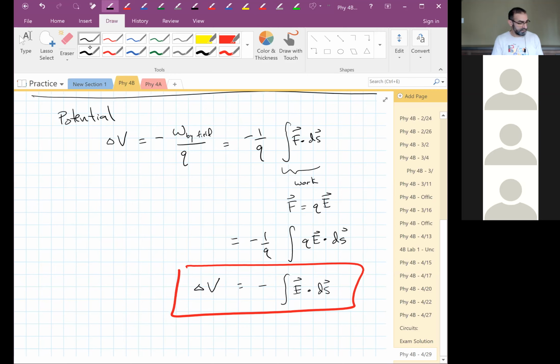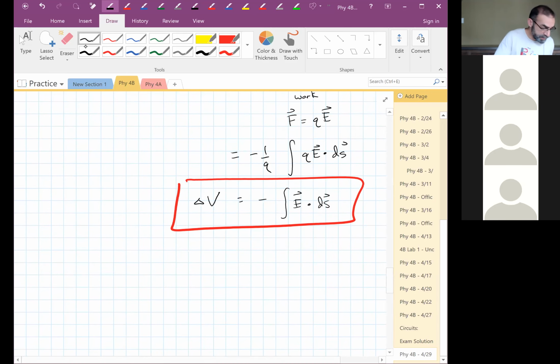Okay. So let's look at a simple case first, if E is constant. So delta V is minus the integral E dot ds.